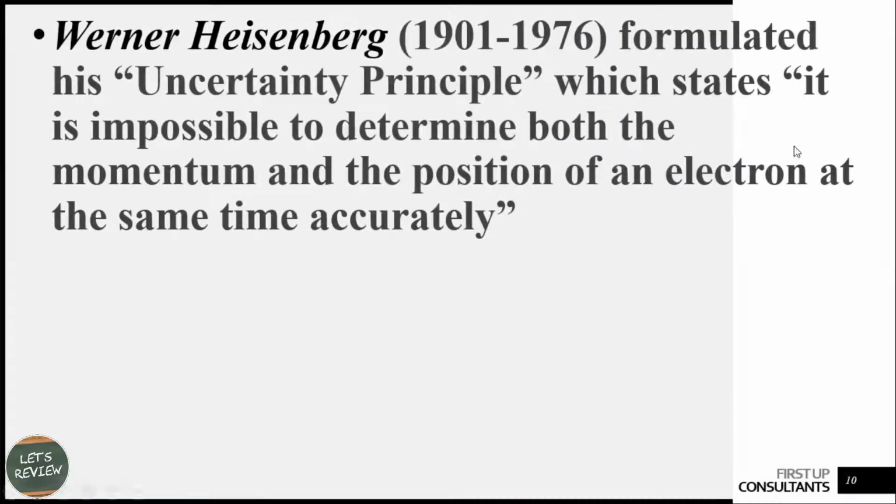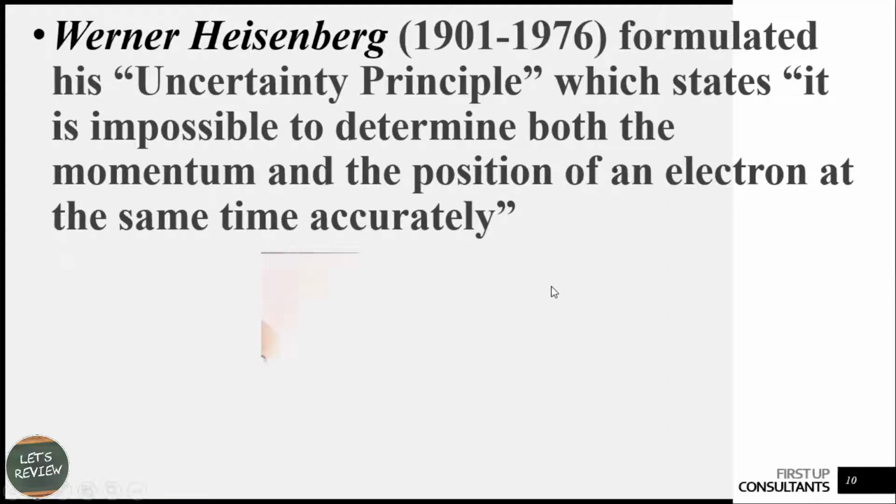Werner Heisenberg, 1901 to 1976, formulated his uncertainty principle, which states that it is impossible to determine both the momentum and the position of an electron at the same time accurately.